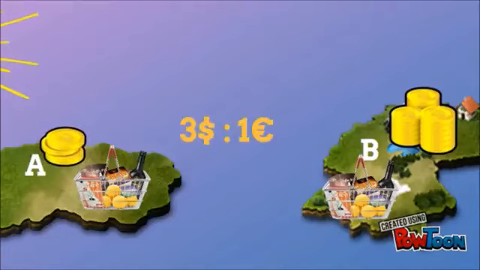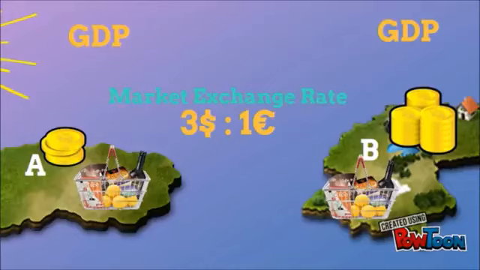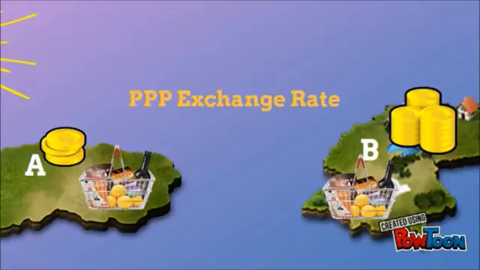It takes 3 country A dollars to buy 1 country B euro. So using market exchange rates to compare GDP, it would look as if country B's GDP were 3 times the size of country A's GDP. When expressed in the same currency using the PPP exchange rate, this bias would be eliminated and would show that the GDP of each country is the same.